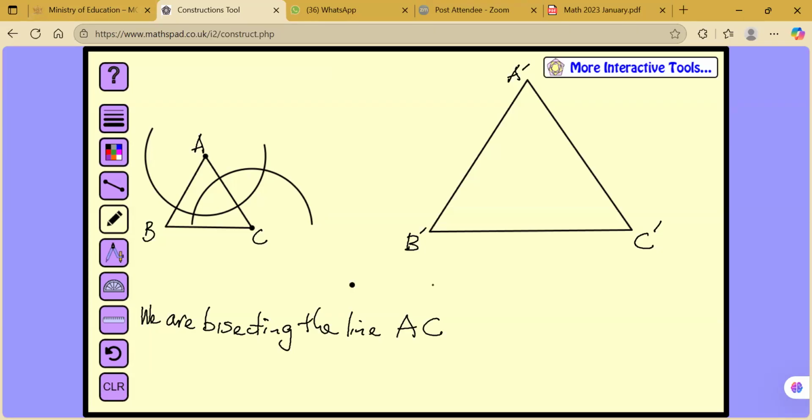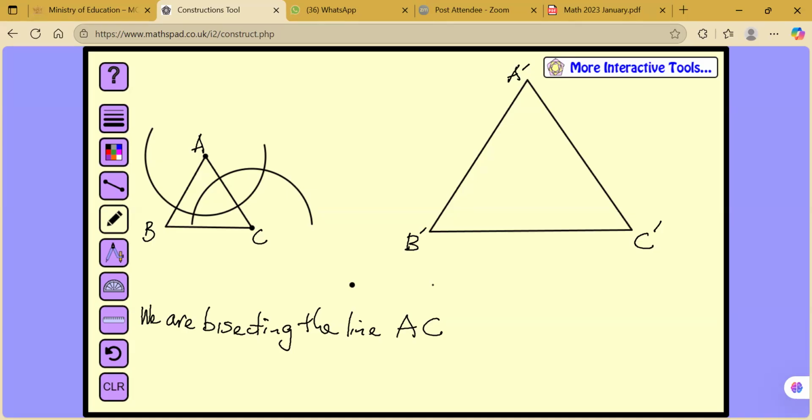And I am supposed to bisect also A prime, C prime. So I don't have enough space. So I'm just going to bisect AB instead.